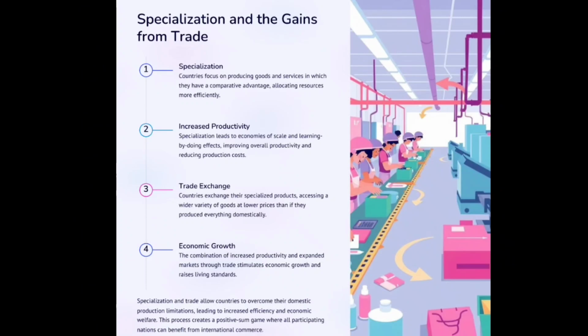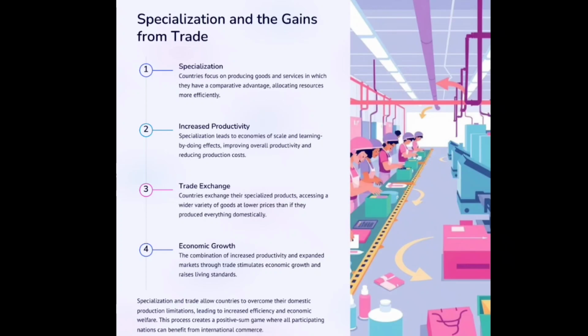Specialization and the gains from trade. 1. Specialization. Countries focus on producing goods and services in which they have a comparative advantage, allocating resources more efficiently. 2. Increased productivity.